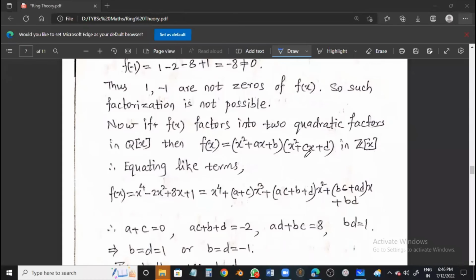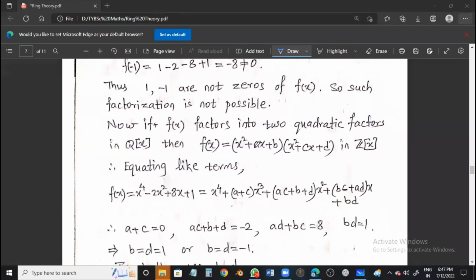I have multiplied x square into x square, I got x raised to 4. A quadratic multiplied by a linear gives me a cube. So I got x square into cx as cx cube, and at the same time ax into x square as ax cube. So I have added them. Same time, x square multiplied by a constant, x square multiplied by a constant, and linear into linear.